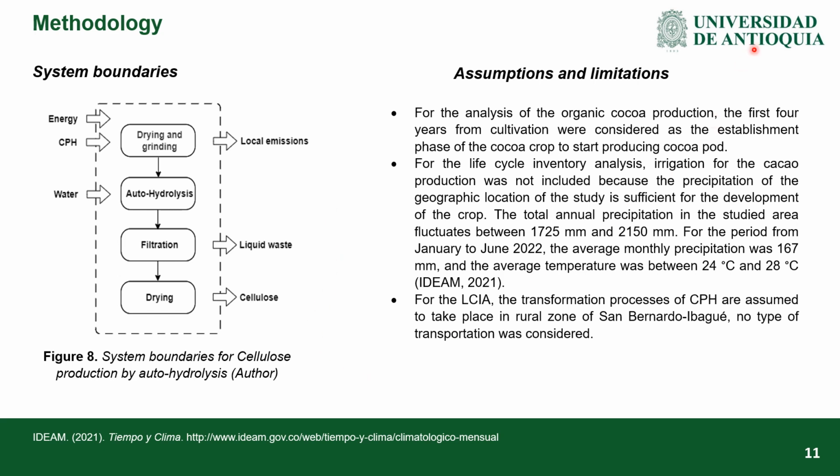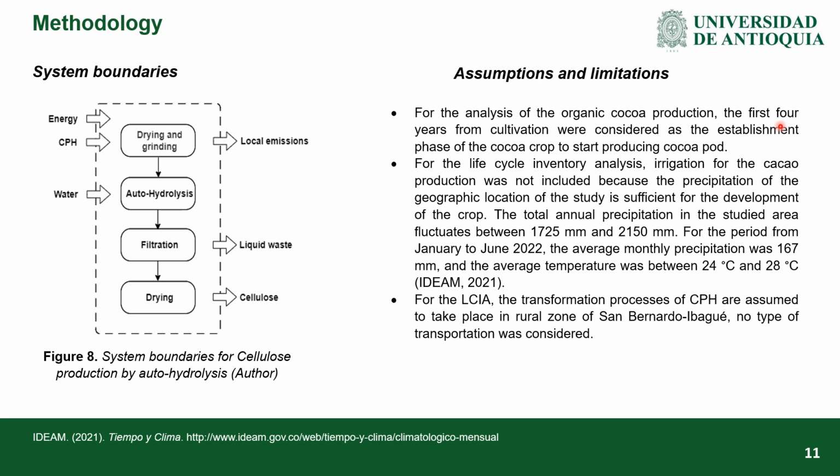The assumptions and limitations of this research correspond to the following. First, for the analysis of the organic cocoa production, the first 4 years from cultivation were considered as the establishment phase of the cocoa crop to start producing cocoa pods.